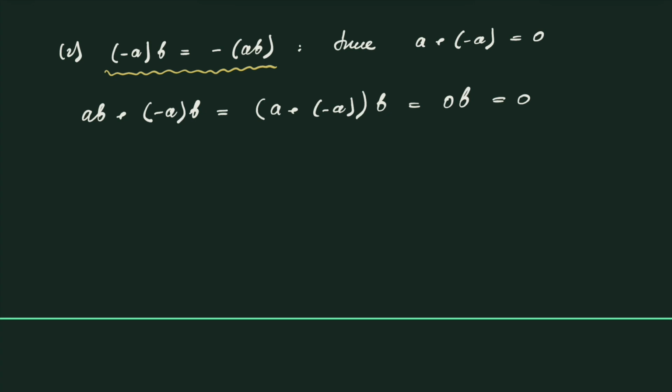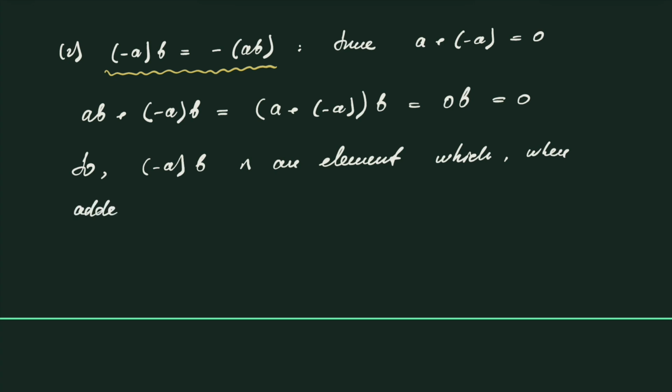Let me, for this time, write this down, and I'll skip it for the next time. So minus A times B is an element which, when, let's formulate this as such, added to AB gives 0.